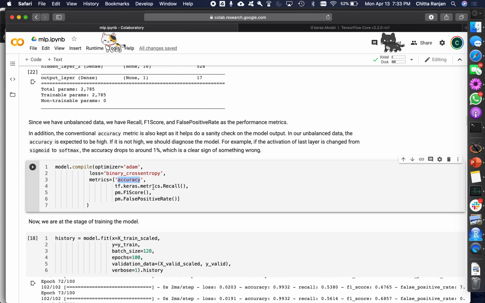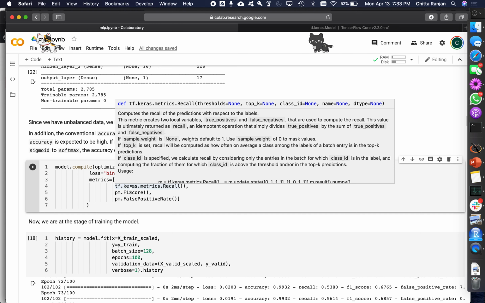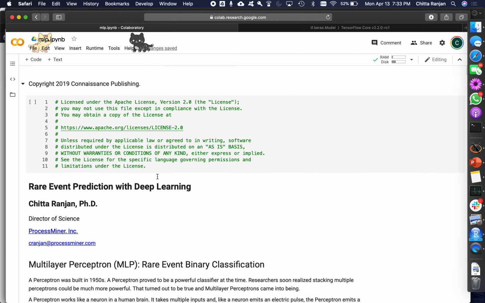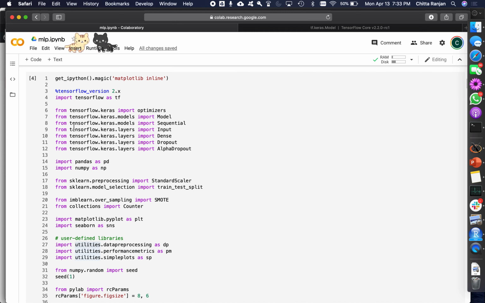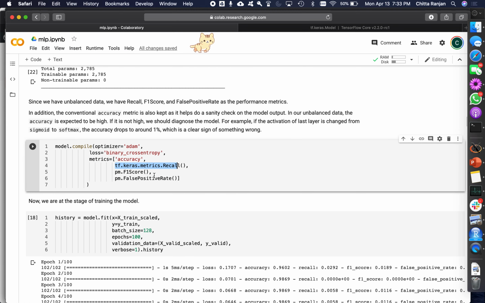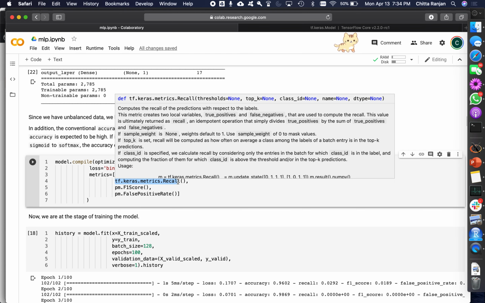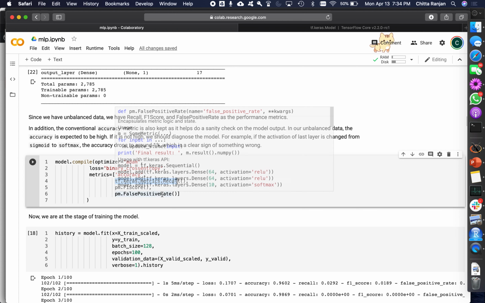Now, if you see here, we have recall, which is present in TensorFlow by default. And if you're wondering why I wrote here the whole address of recall, if I do not want to do that, I can import recall at the top here by giving the complete address. But sometimes I just get lazy, and because I have anyway imported TensorFlow keras, I just use this relative path. It's up to you, your choice here.